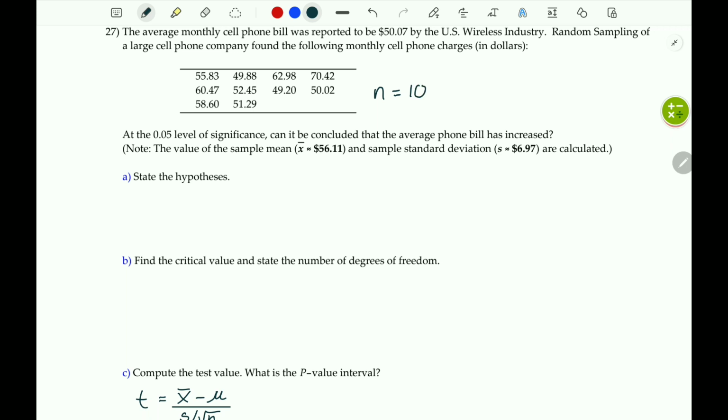At the 0.05 level of significance, can it be concluded that the average phone bill has increased? In this case, it has given us the sample mean and the sample standard deviation, which is great. However, you should also know how to calculate the mean and the standard deviation by hand as well.